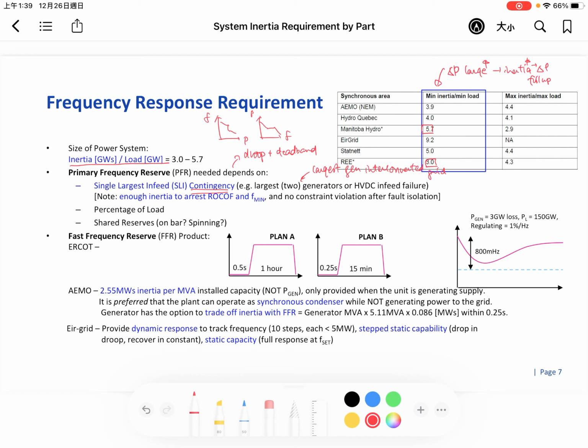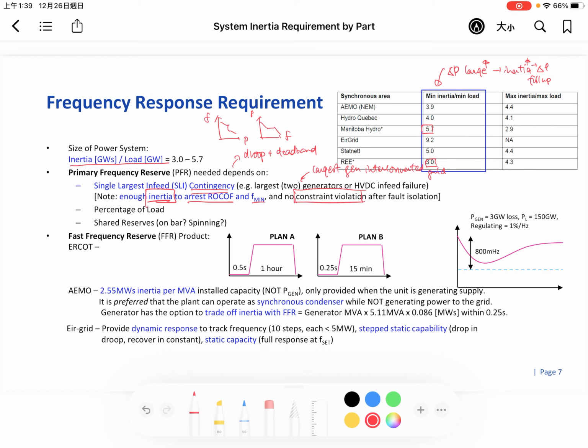It's often about the inertia to arrest the Volkov and also the minimum frequency. It is about the inertia, but another thing is about the constraint violations.